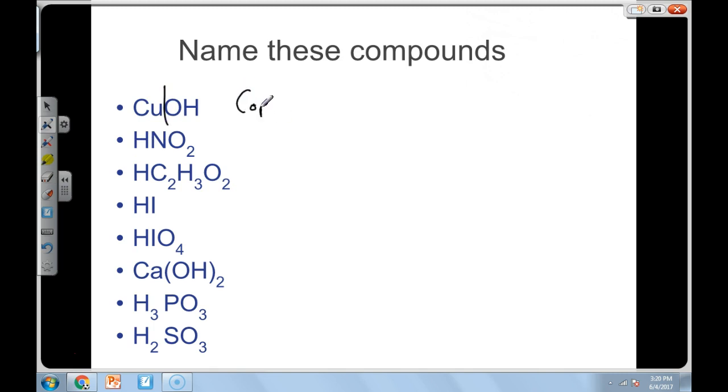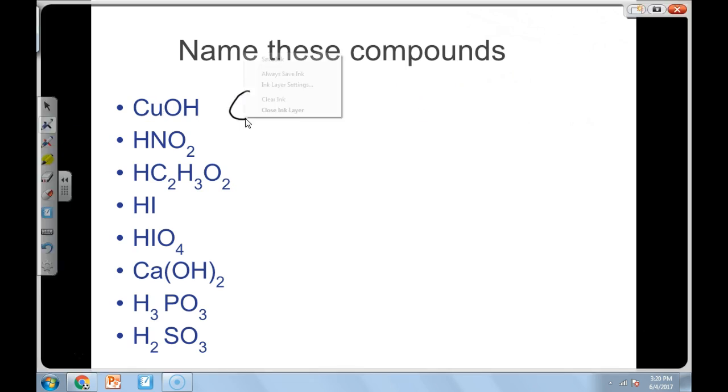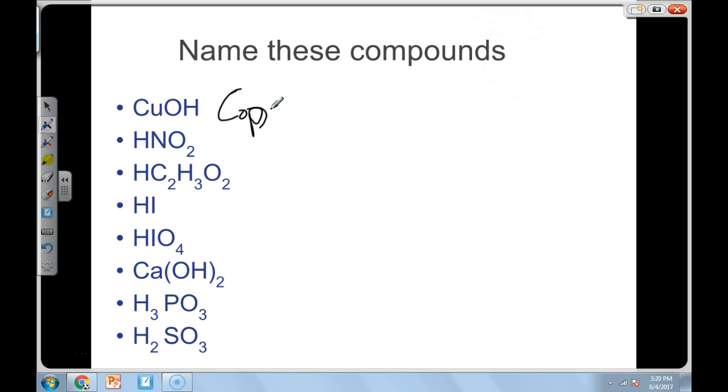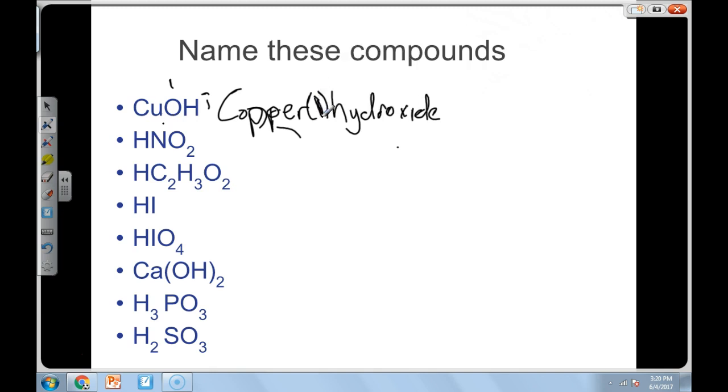We know this is copper, and that's hydroxide. But copper is a transition metal, and there's one hydroxide, charge of 1, so this is a 1. So this is copper(I) hydroxide.